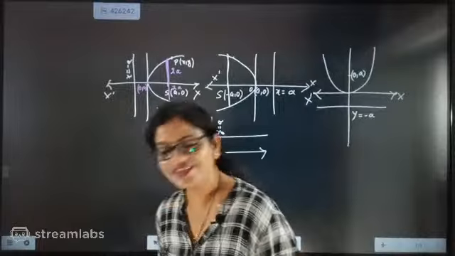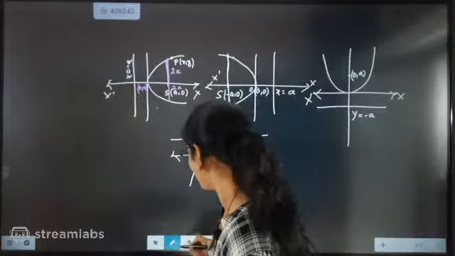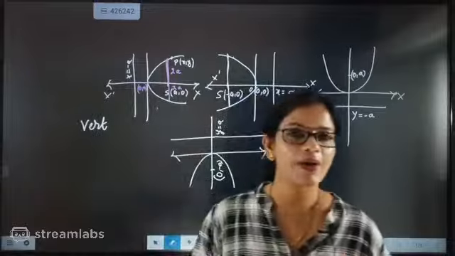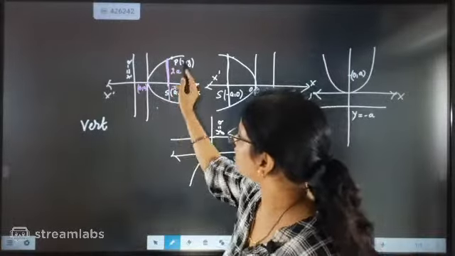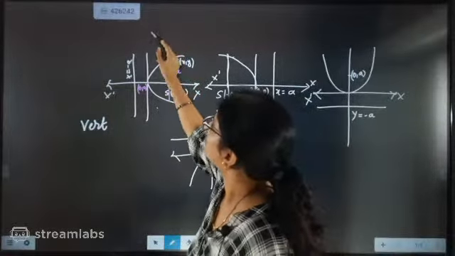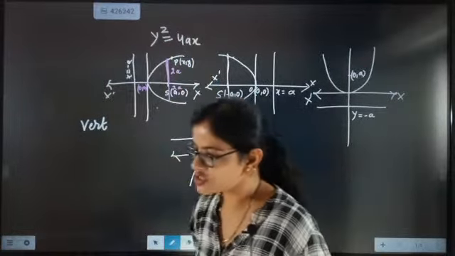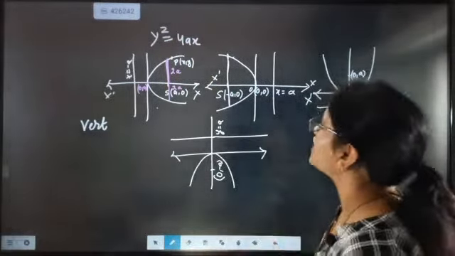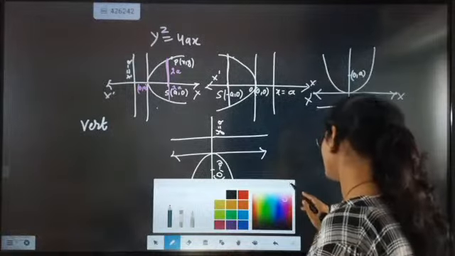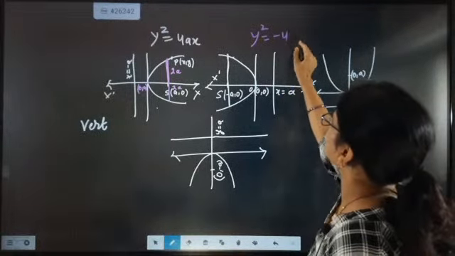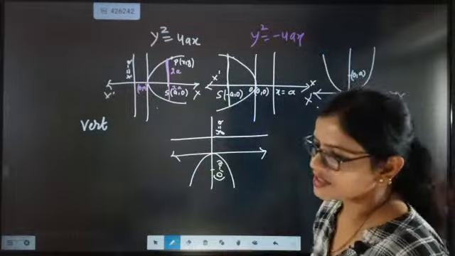Now look here. First thing is, what is the vertex of all these equations of the parabolas? When parabola will be here, equation will be y square equal to 4ax. The next equation will be y square equal to minus 4ax, when parabola mouth will be this side, opposite.